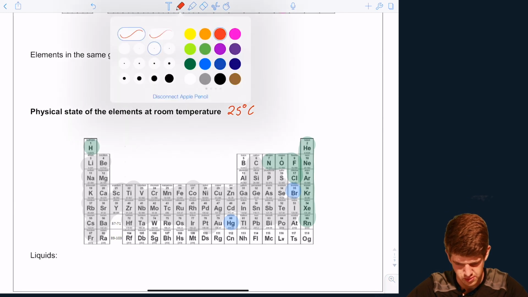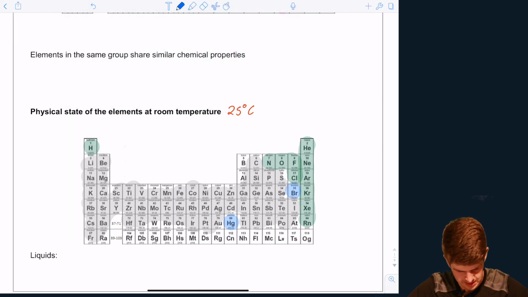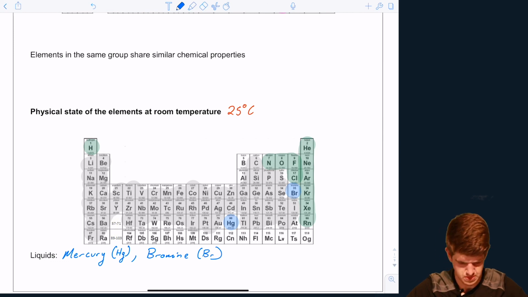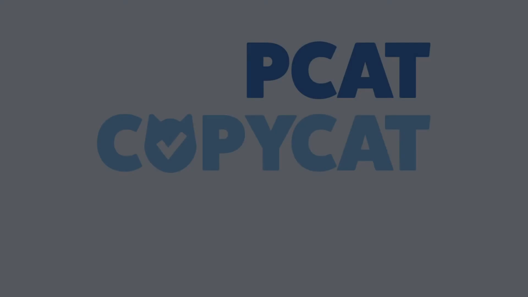And then just to write it down here, liquids: mercury, which is represented by the symbol Hg, and then bromine, represented by the symbol Br.